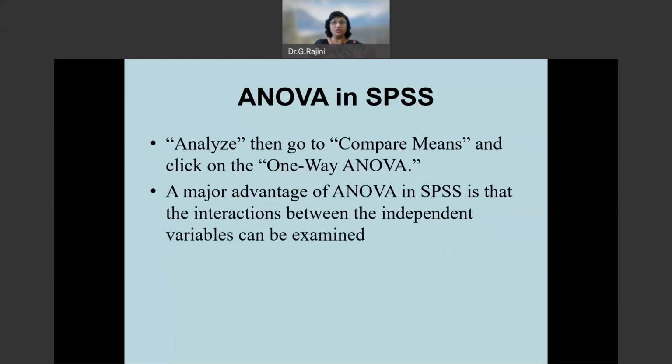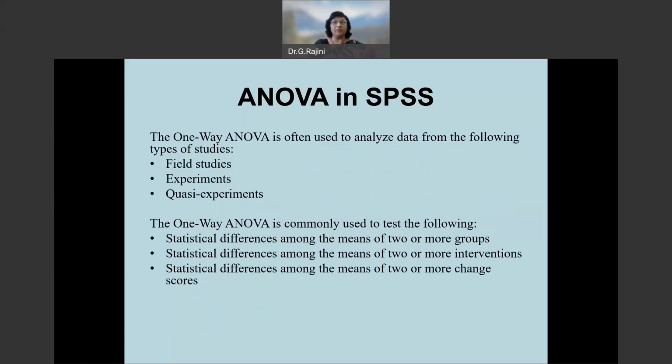From the menu, we can choose that. You click on Analyze, go to Compare Means and click One-Way ANOVA. The major advantage of ANOVA in SPSS is that the interactions between the independent variables can be examined properly.